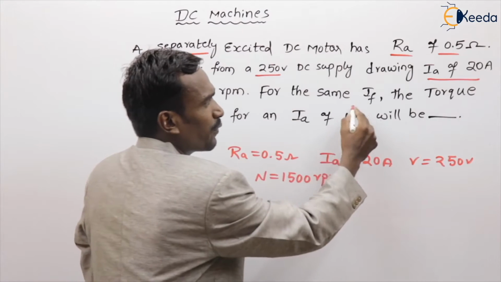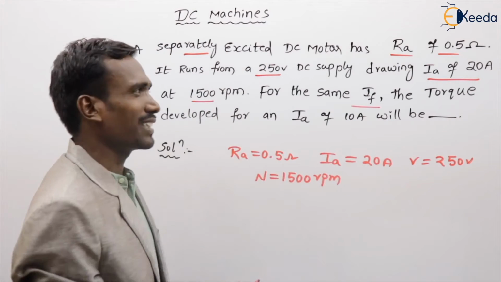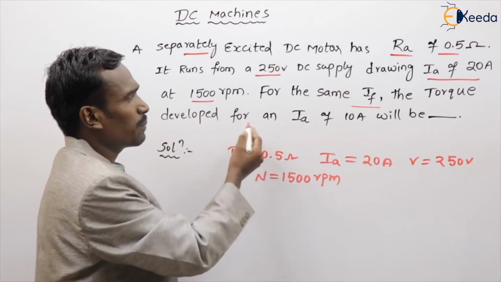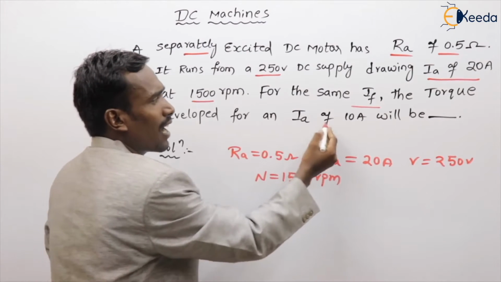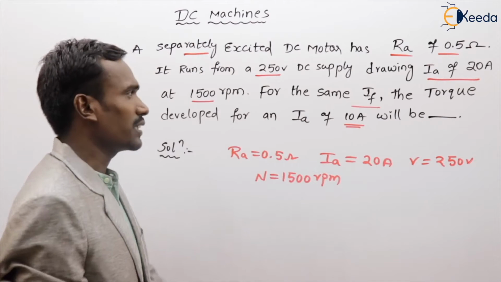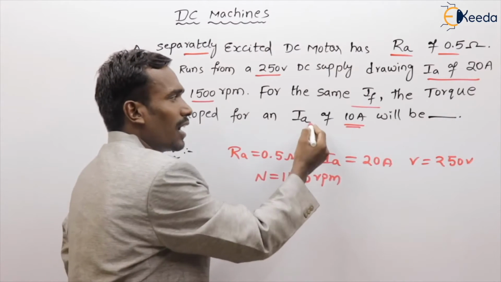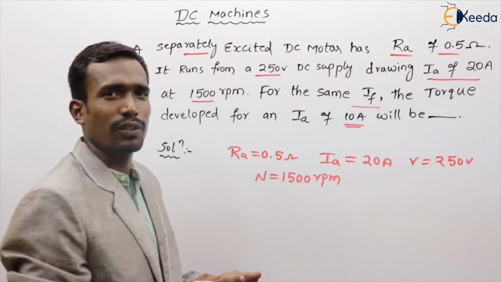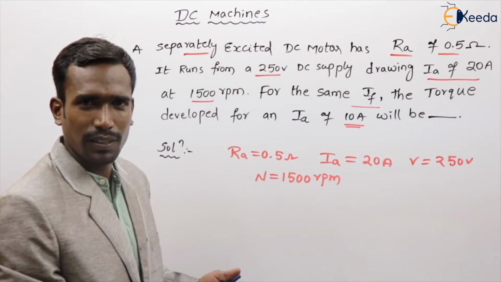For the same field current, nothing but the same excitation, the torque developed for an armature current of 10 amperes will be? This is our question.